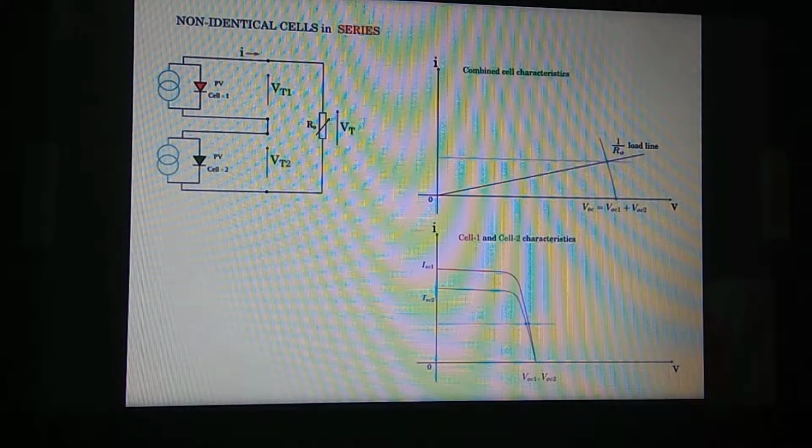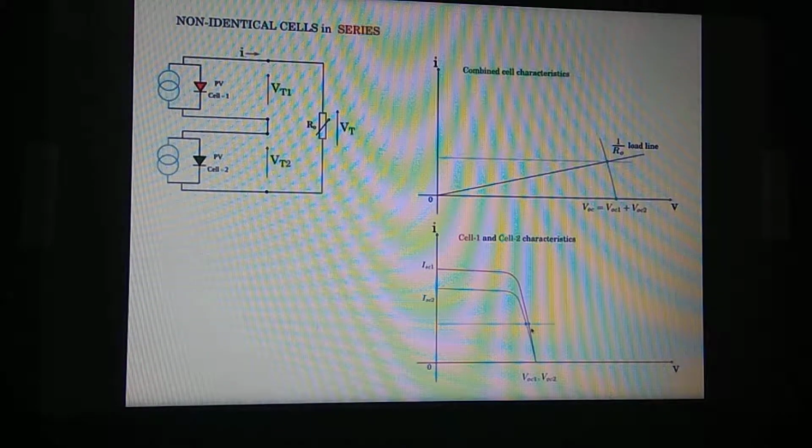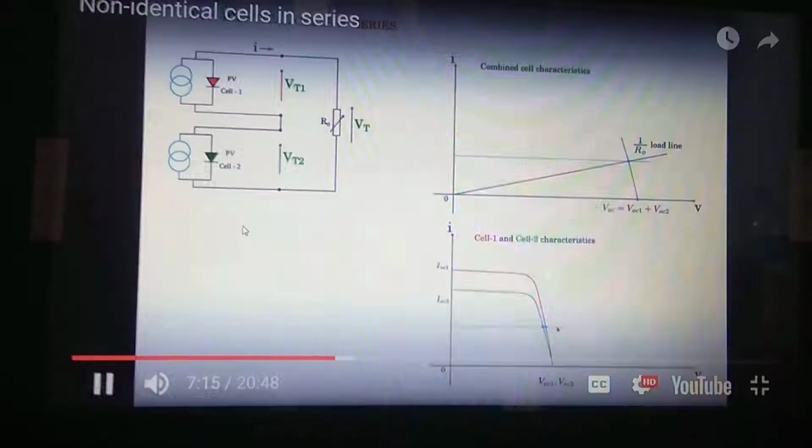Now this current line, with respect to the two individual cells, you will see that the operating points are as shown here, the points of intersection with the respective IV curves.